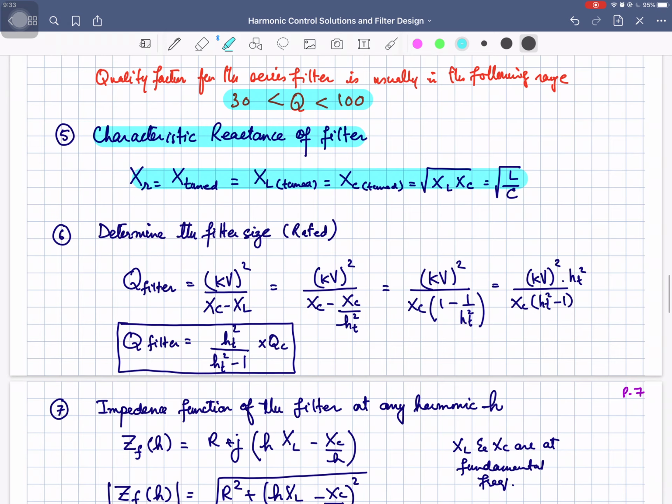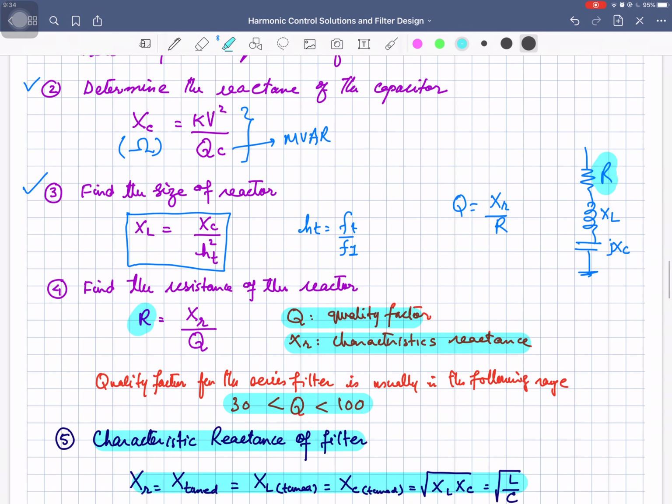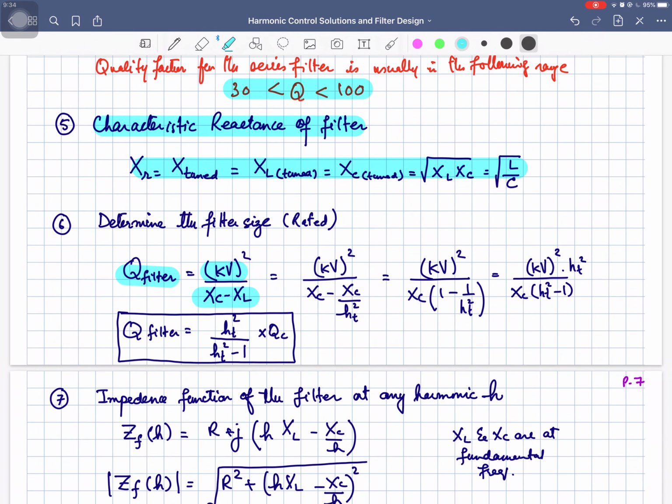Then the filter size can be determined with the help of this set of equations: the filter reactive power will be equal to kilovolt square divided by XC minus XL. For the time being, this R is neglected, assuming that this R is very small. Okay, so kilovolt square divided by XC minus XC by HT at resonance, so that will be equal to kilovolt square divided by this one, and if we simplify, we can write down the filter power in terms of this equation, filter reactive power.